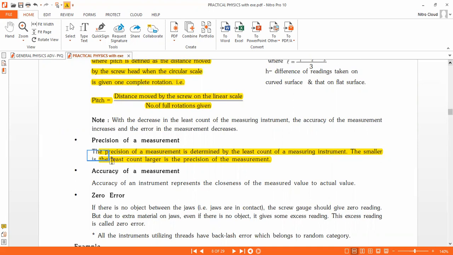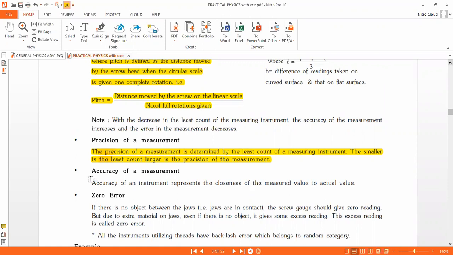Suppose I want to find the thickness of a string or a thread. In such cases, we can use the screw gauge to find the thickness of the string.